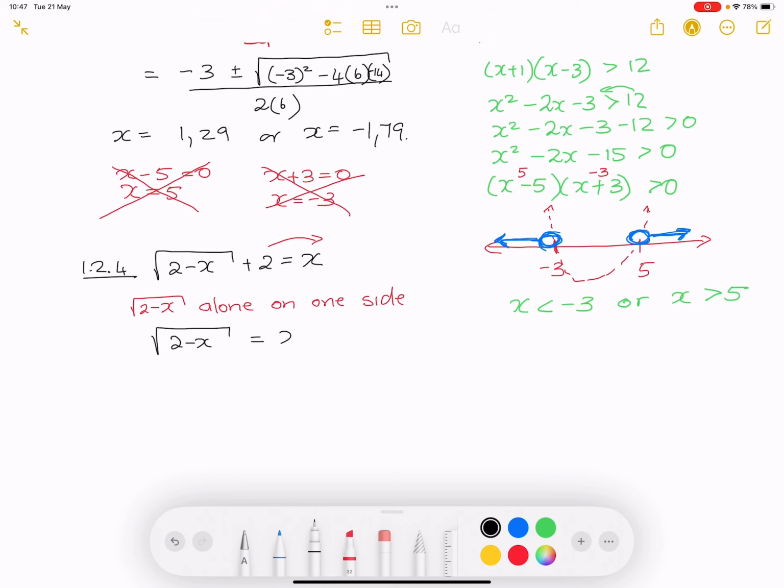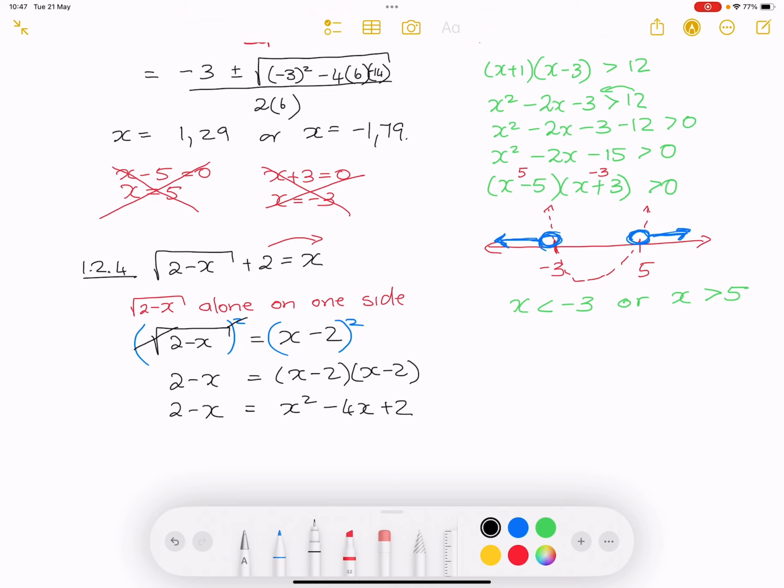Now to get rid of the square root, you must square both sides. So you square the square root and you square the bracket. If you square the square root, that cancels, so it's 2 minus x, but this one you must remember is now x minus 2, and you must calculate the bracket. So 2 minus x is equal to x squared minus 4x plus 4.